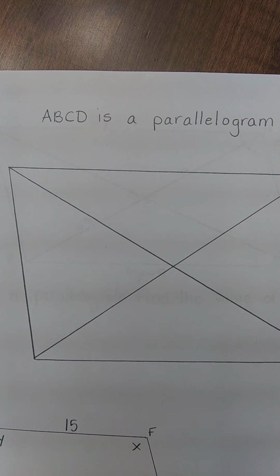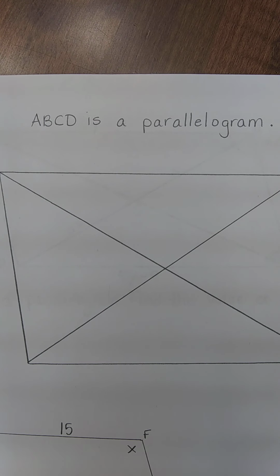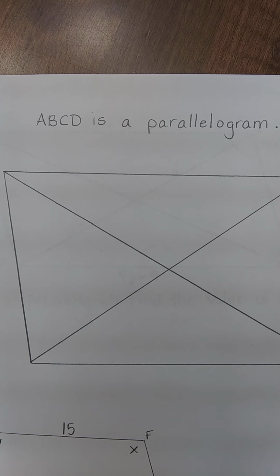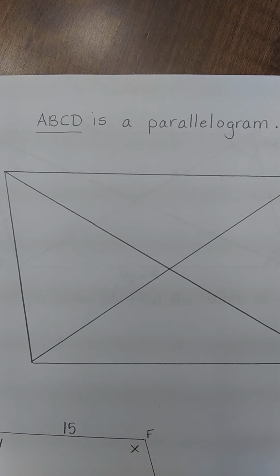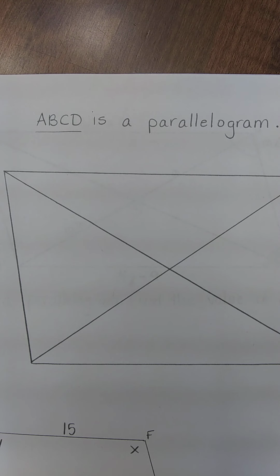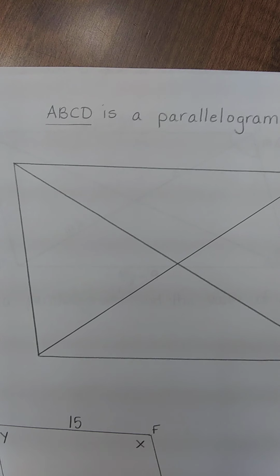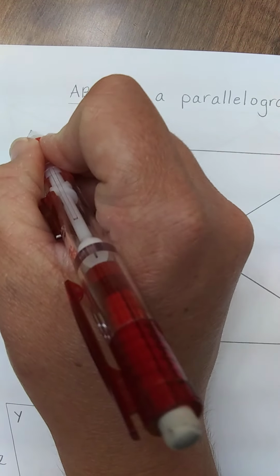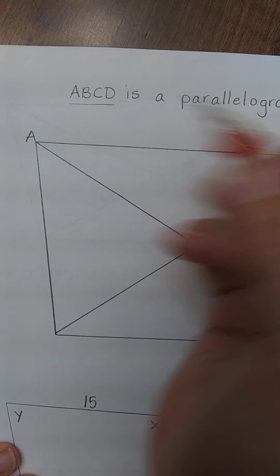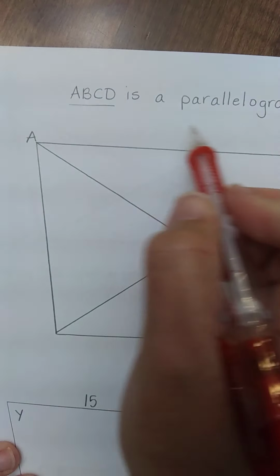Okay, so ABCD is a parallelogram. So the first thing I wanted to make sure we talked about was the order of these letters. When you have the name of any polygon, it doesn't matter what it is, you can start at whatever vertex you want to start at. But then you go clockwise and name them in order after that. So I'm going to put A up here, and that means clockwise would go this direction.